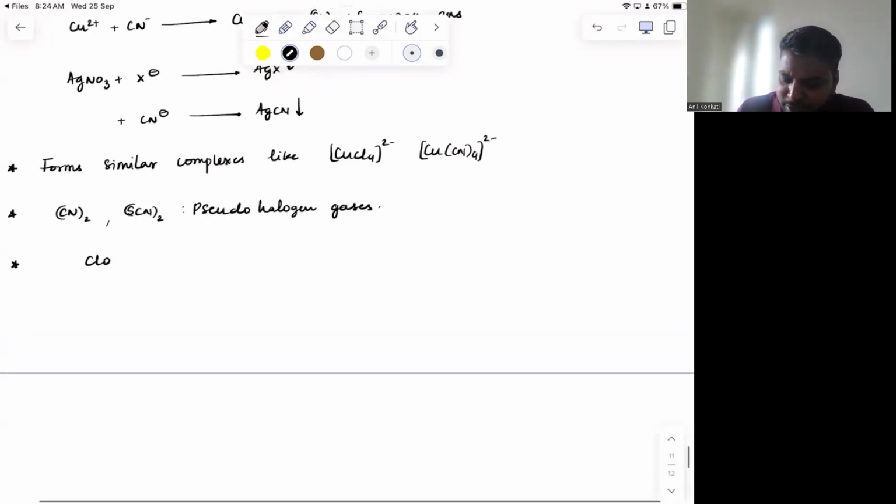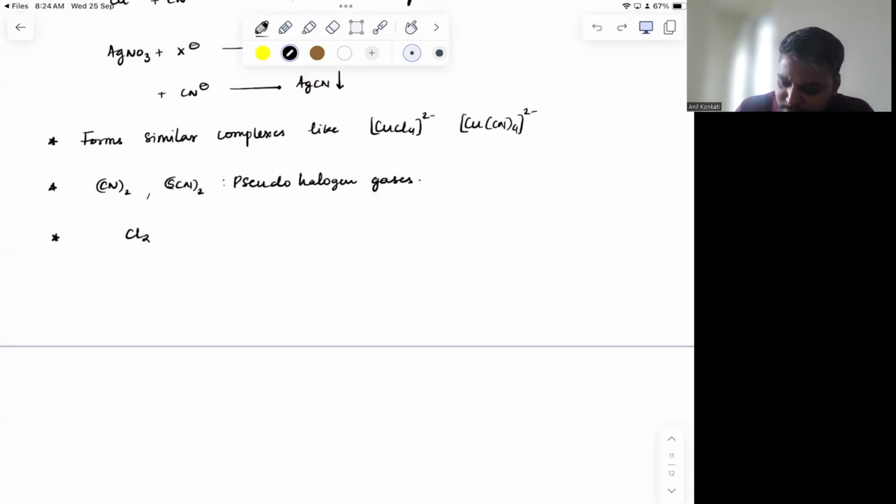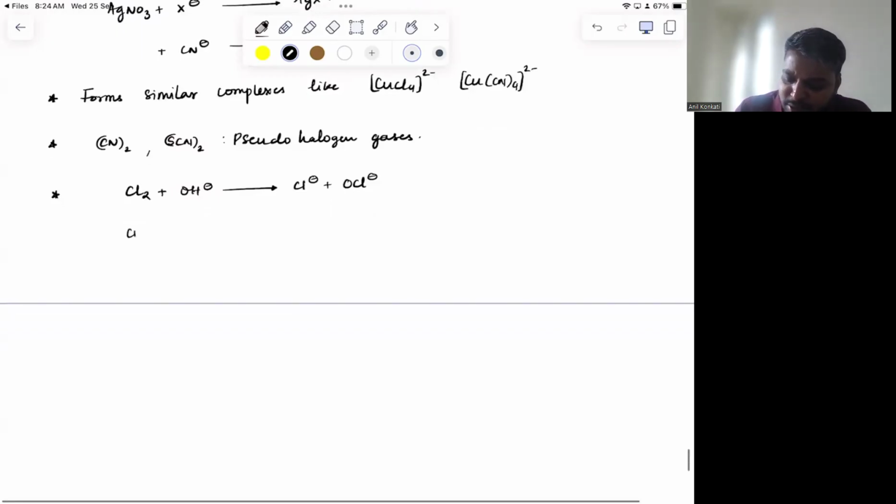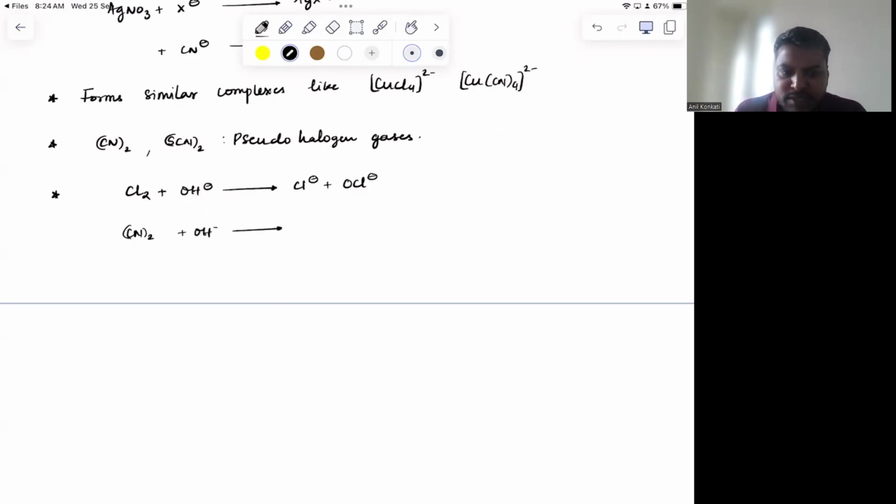For example, if I take Cl2 and add it with OH minus, if you recall, it will undergo disproportionation as Cl minus and OCl minus. Similarly, if you have cyanogen (CN)2 with OH minus, then we will have CN minus and OCN minus. Clear?